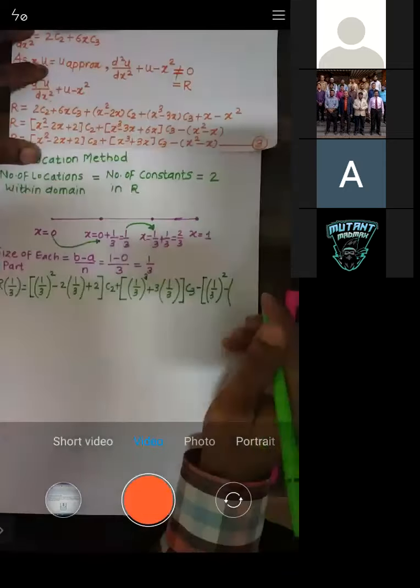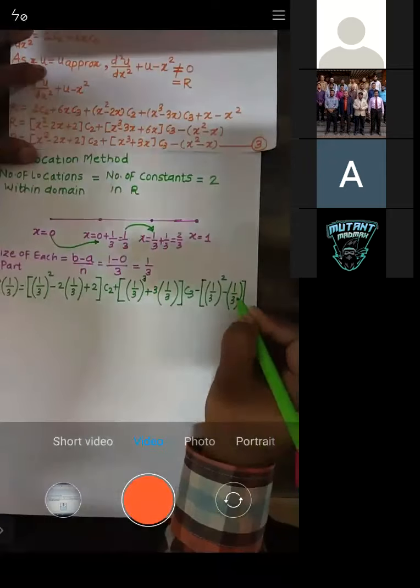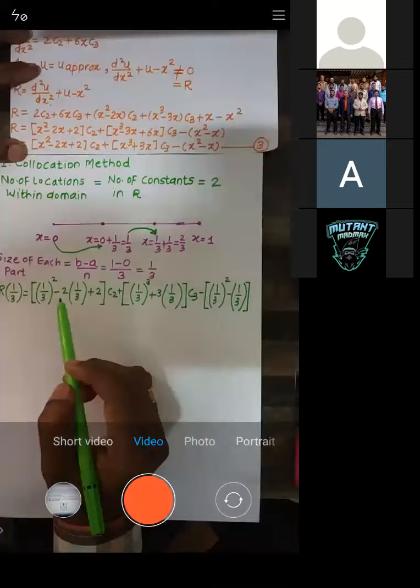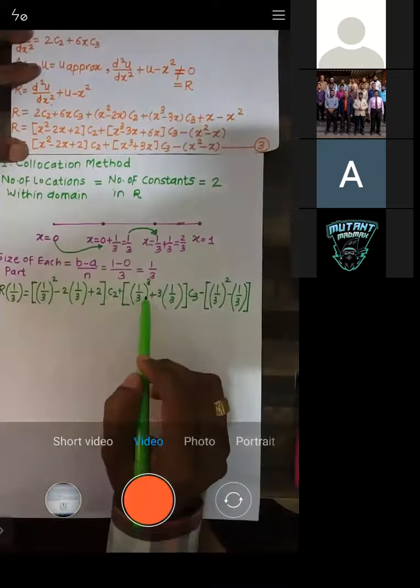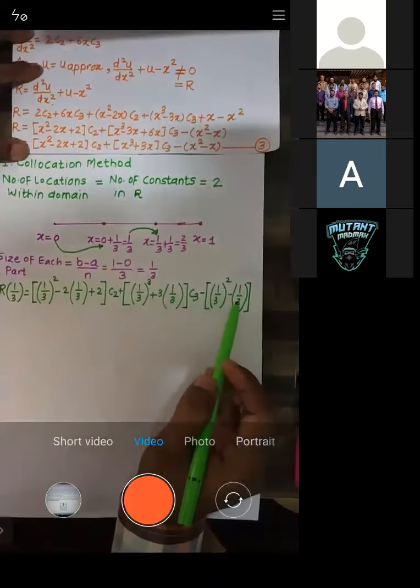Okay, so bracket complete. Try to understand? So what I've done, I just put x as 1 by 3. So 1 by 3 square minus twice 3 into 1 by 3 into C3 minus 1 by 3 square minus 1 by 3.